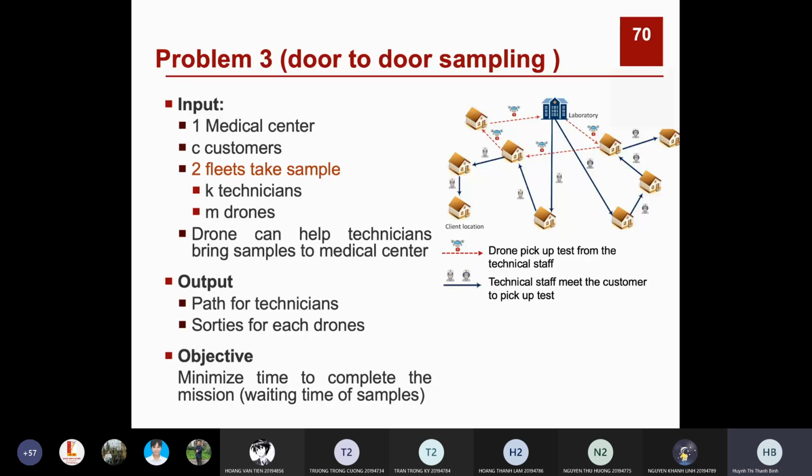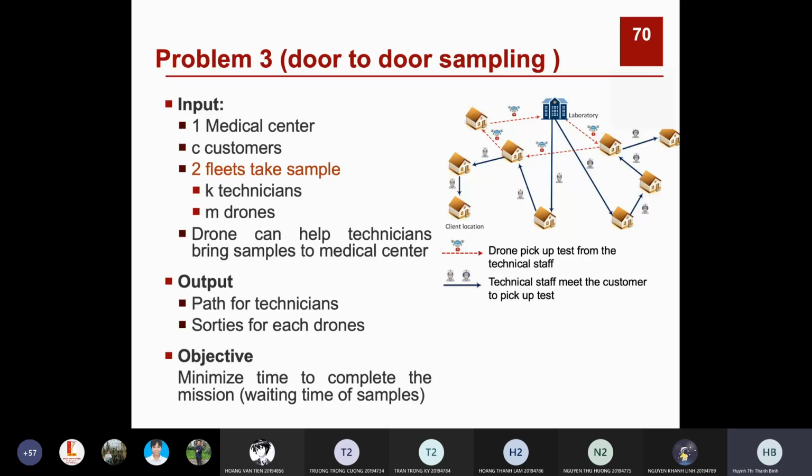We have a laboratory and some houses, which we call client locations. The blue color is the drone. So the drone will go from the laboratory to the client location to pick up the test and return to the laboratory, because in this case we don't want to use technical staff; if we use a lot of technical staff, it's not good because of COVID.